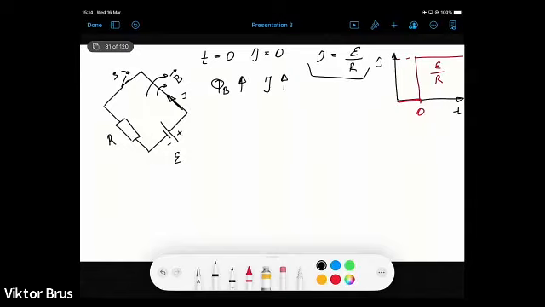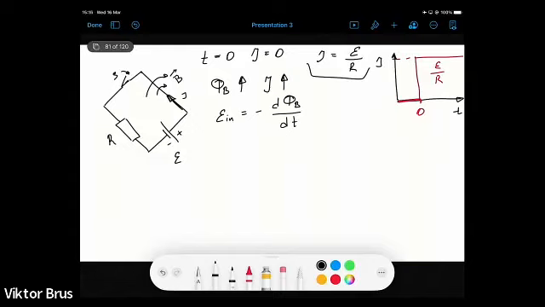We know from Faraday's law that there will be some induced electromotive force equal to the negative first derivative of magnetic field flux over time.